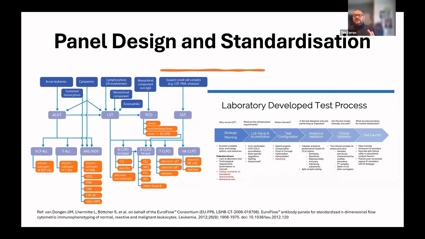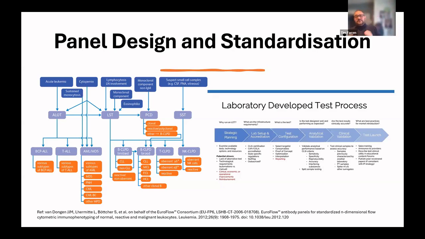These are designed locally on evidence-based practice, but take into account factors such as instrument configuration, available reagents, and also the clinical requirements and the laboratory's expertise for your service. Having LDTs offers some flexibility, but it also introduces variability between laboratories in both marker selection and interpretation.